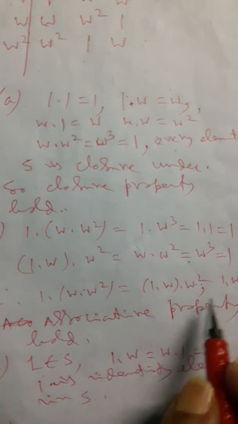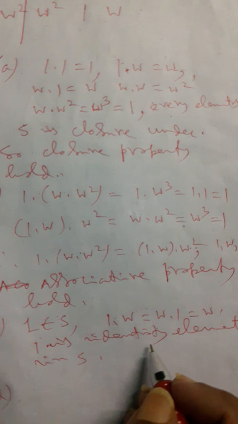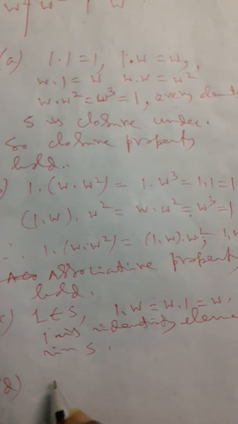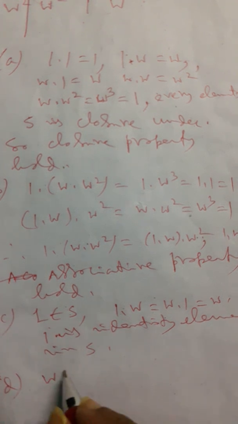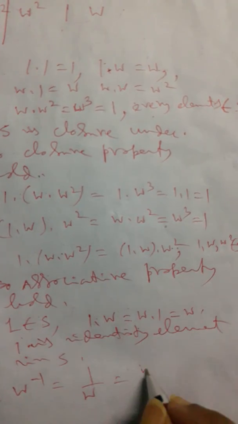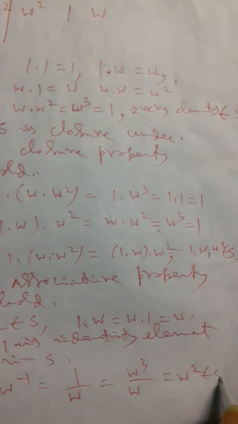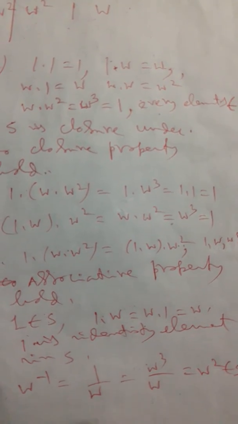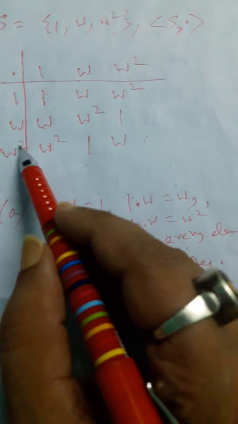Next, when associative property holds, it is called a semigroup, and when an identity element holds, it is called a monoid. Next, for any element, if we take omega inverse, that will be 1 by omega, which is omega square, also belongs to set S. So every element has its own inverse, and it is also clear from the table.